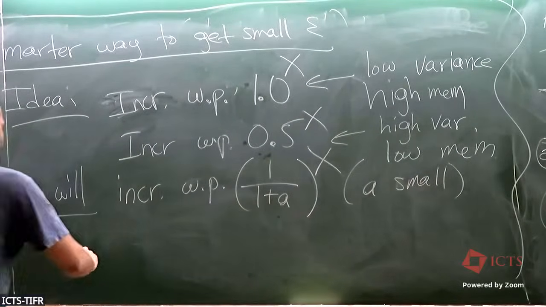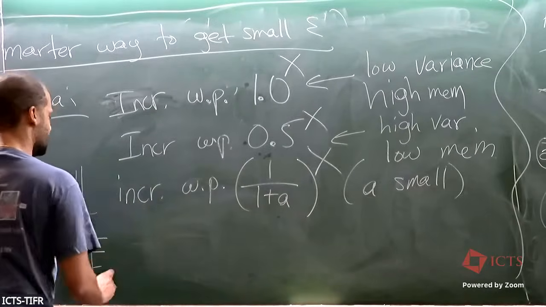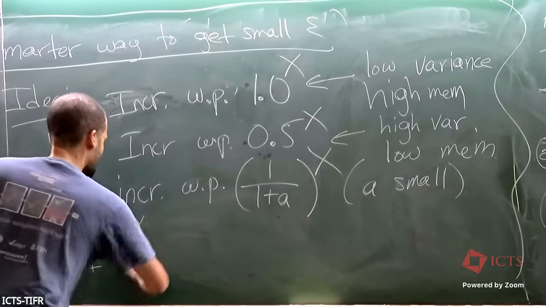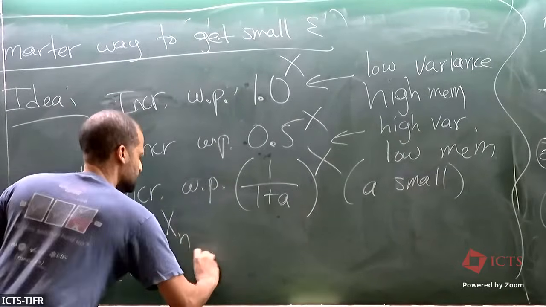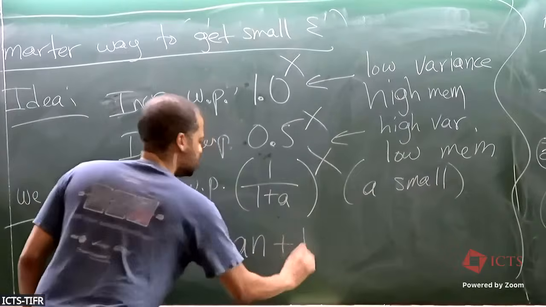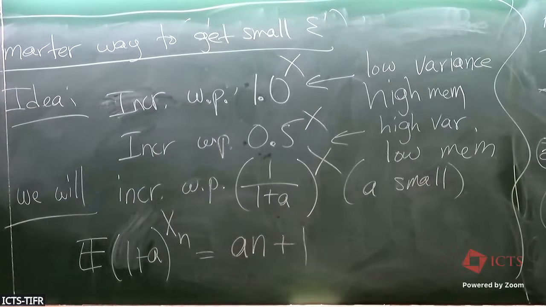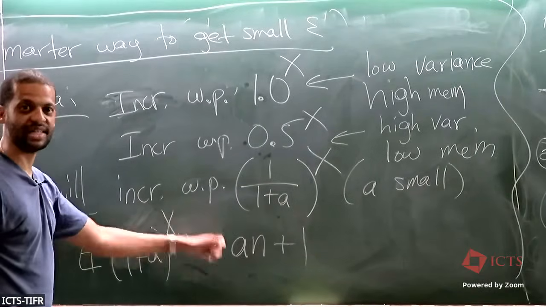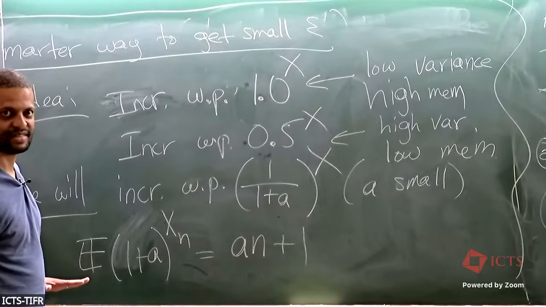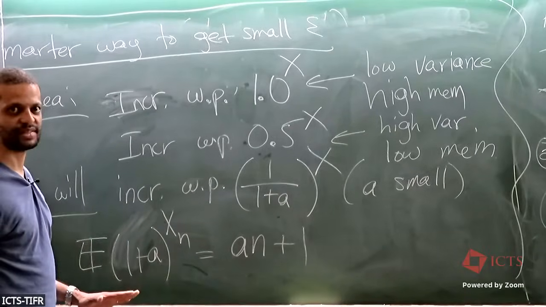You can prove that the expectation of (1 plus a) to the xn equals an plus 1. So my estimator now will be ((1 plus a) to the x minus 1), all divided by a. That's my new estimator.